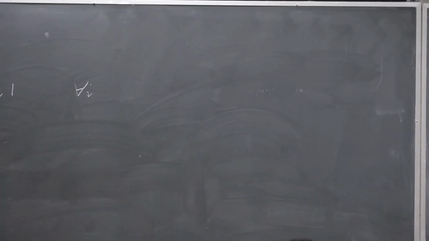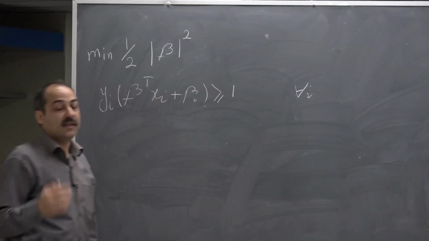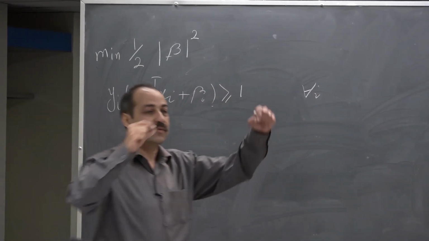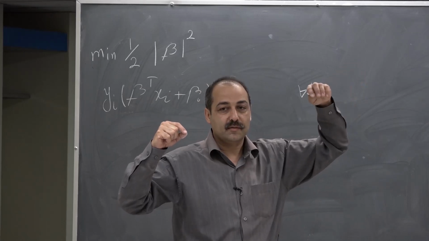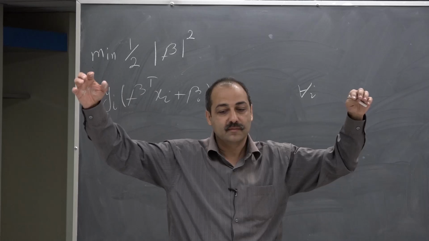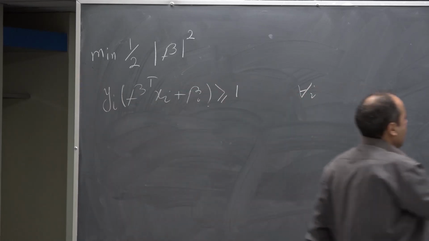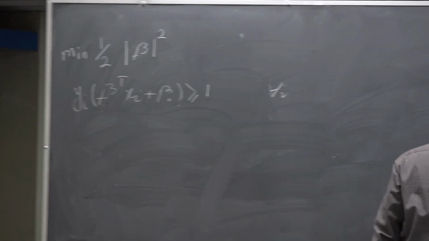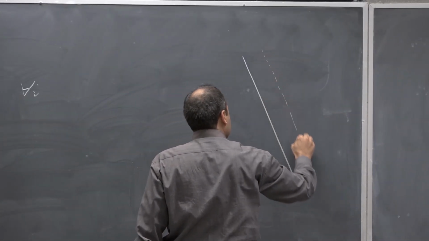Now let's look at the case where the data is not linearly separable. It's not possible to have a linear decision boundary such that the data is perfectly separated. In hard margin, I had this decision boundary and I managed to compute some margin.